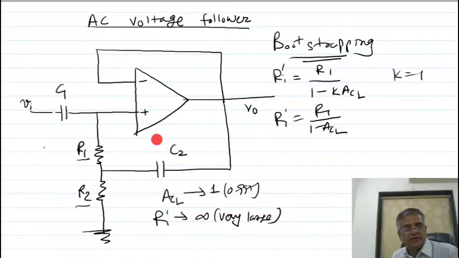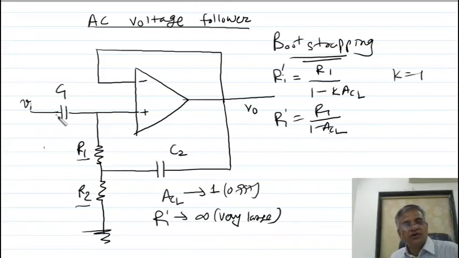This is used as a buffer to connect a very high impedance signal source to a low impedance load, even though the load is capacitive.